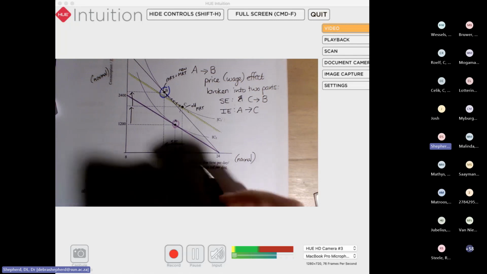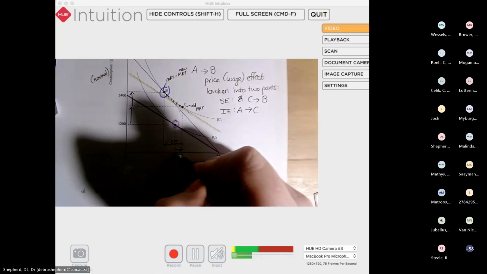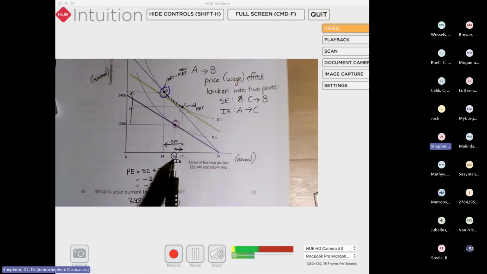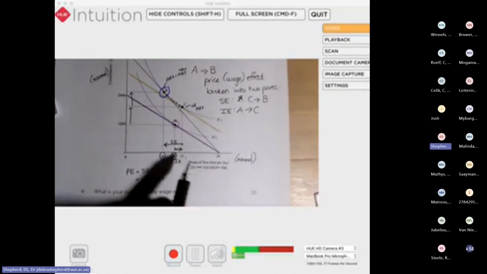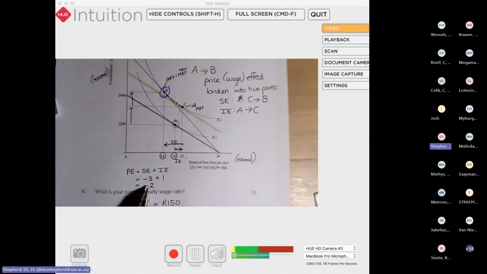And I can see that because originally I was working 8 hours a day, so I had 16 hours of free time, but now I have only 14 hours of free time. So I've lost 2 hours of free time. I've chosen to reduce my free time by 2. So in that case, which effect dominated?